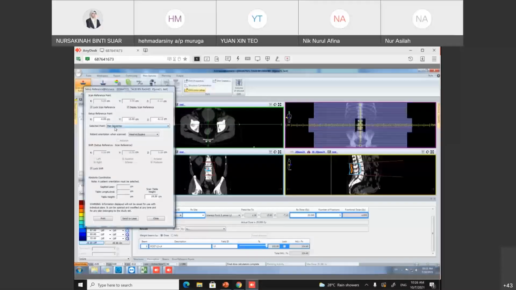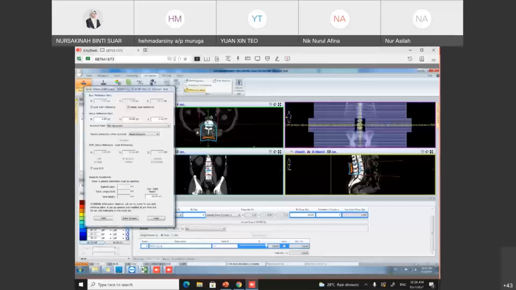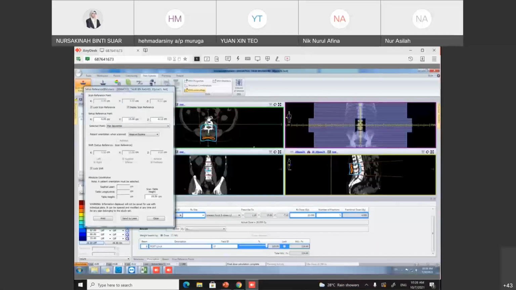Our plan isocenter is actually at the slice 15 cm and 0 cm Z. So I can scroll. Okay, this is the isocenter slice where the red dot is. You can counter check at the left bottom here: 0.05, 15 and 0.12. So it's exactly the same number.